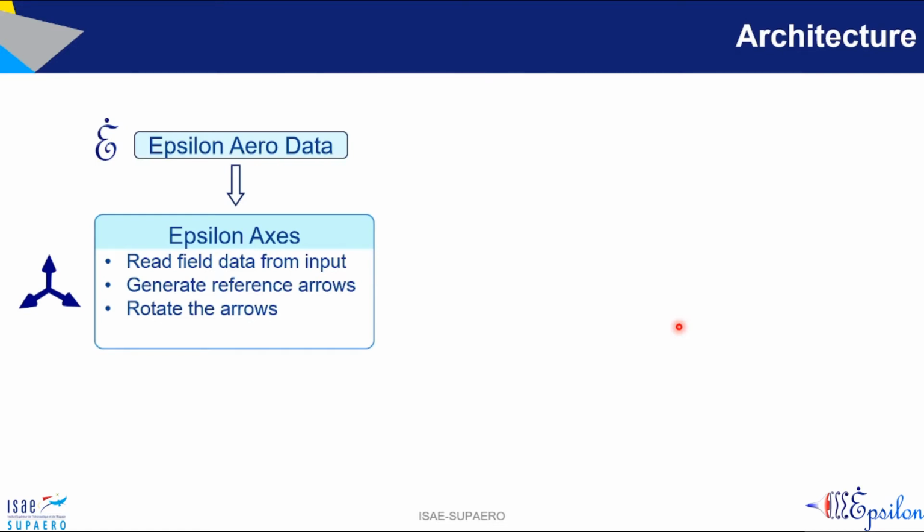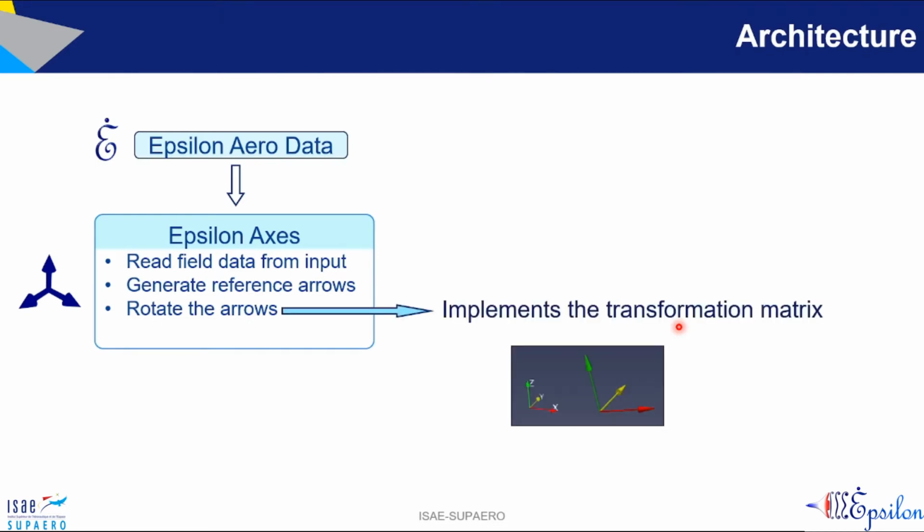And afterwards, we have to rotate the arrows. Basically, we take the transformation matrix that we read from Epsilon aerodata, and this allows us to transform the set of arrows that we generated before, that were aligned with the X, Y, Z mesh axes. After the transformation, these new arrows are aligned with the aerodynamic reference system.